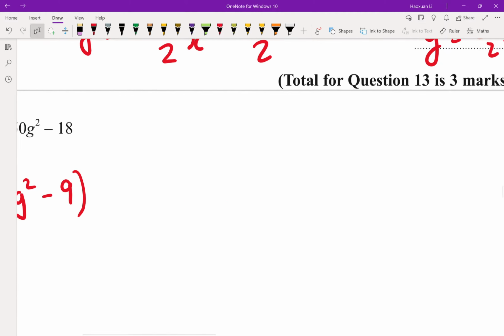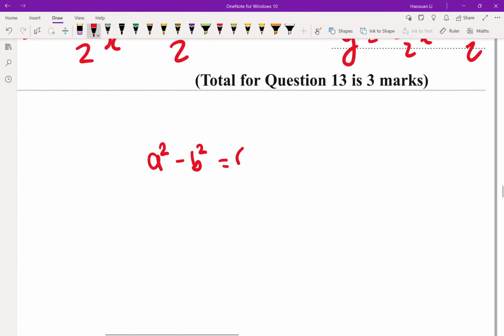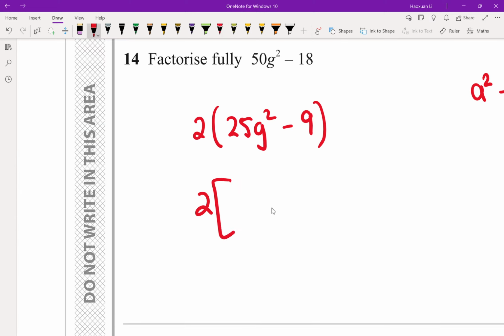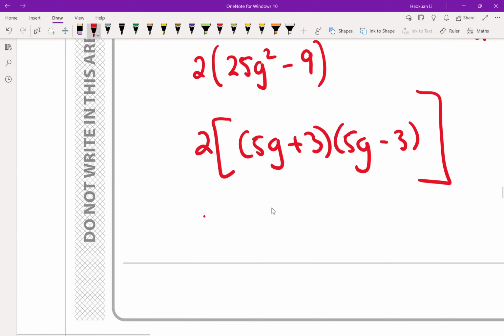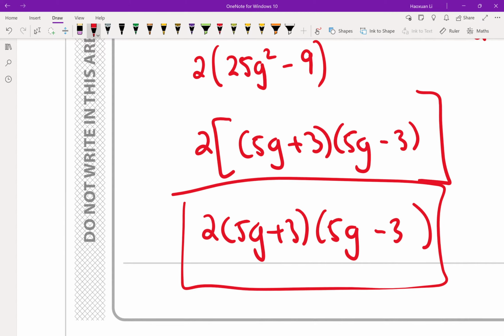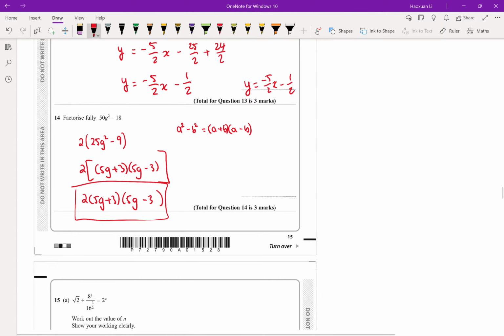But if you learn the algebraic manipulation rule, which is a bit hard, a squared minus b squared should be equal to a plus b and a minus b. So if you apply it here, this should be 2, 5g plus 3 and 5g minus 3. So that would be 2(5g plus 3)(5g minus 3). So that's the answer for this question.